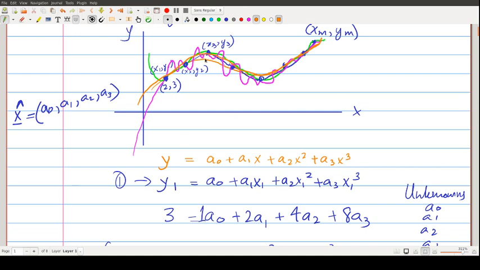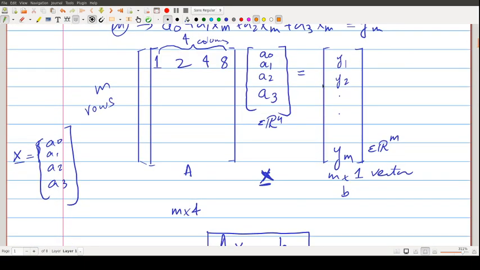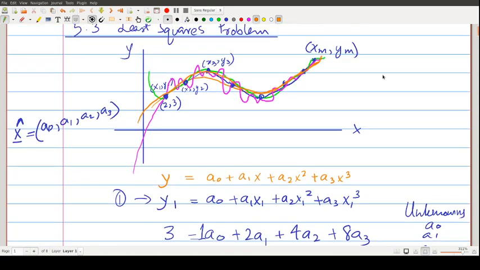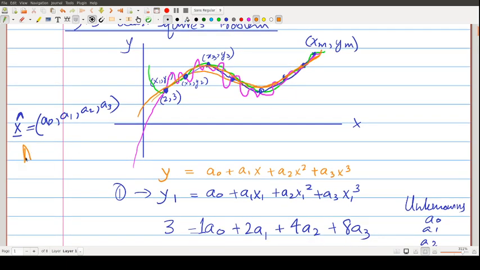Of course, it's not going to pass through all of these points because I don't have a solution for Ax equals B. If it were able to pass through all of these points, then the residual would have been exactly 0. But I couldn't find A x hat equals B.